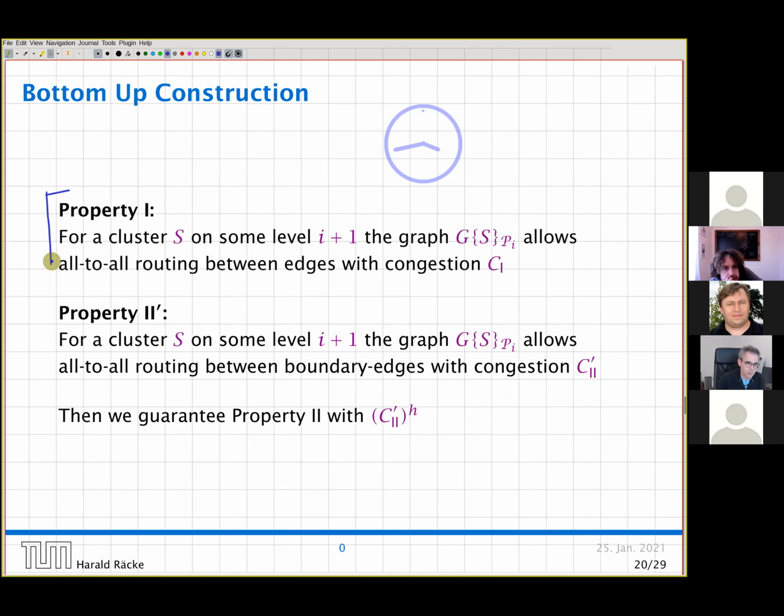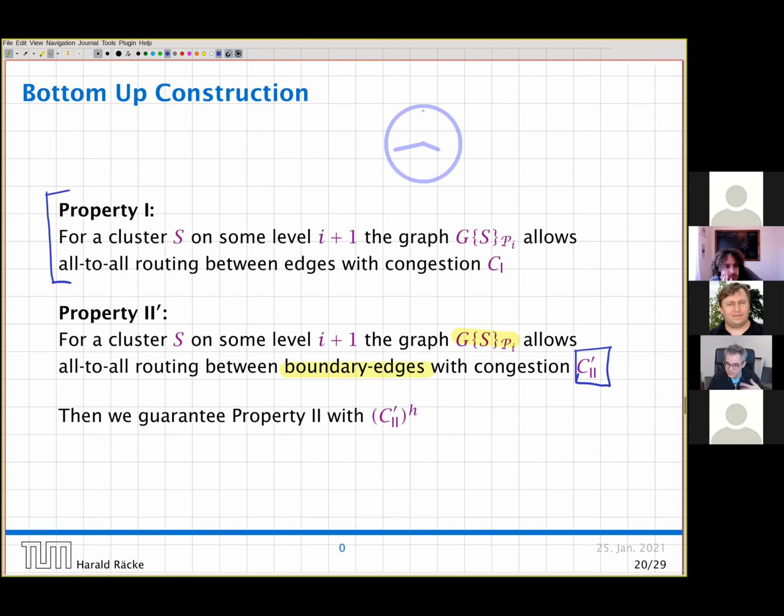This is property 1 as before. Now I'm changing property 2, and I make it into a property that just talks about the contracted graph. So this tells me you should be able to route between the boundary edges in the contracted graph with congestion C2 prime.